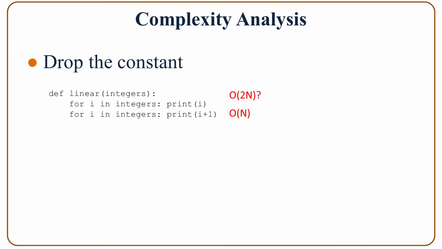How do we analyze time and space complexity if there are multiple paths, loops, etc. in the algorithm? So let's look at this example. We have a function named linear with the parameter integers. And we have 2 loops.